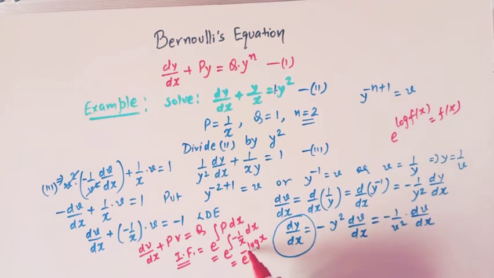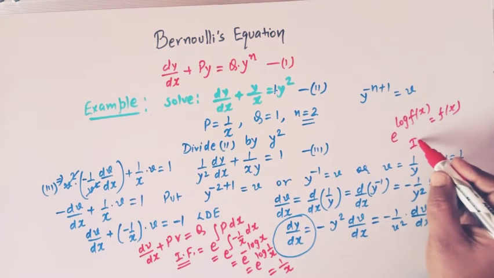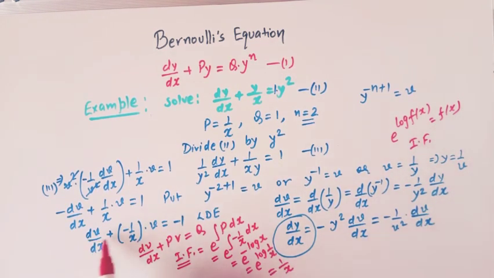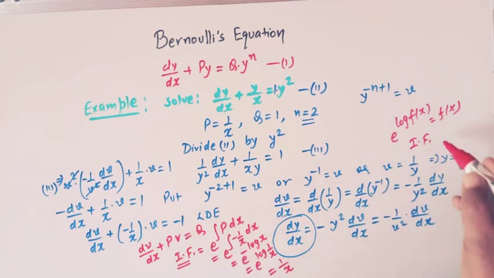So e raised to minus log x can be written as e raised to log 1 over x. So this is 1 over x, right? So the integrating factor of this differential equation is given by 1 over x.